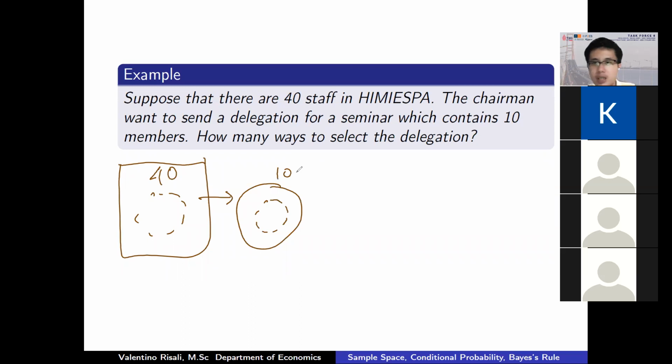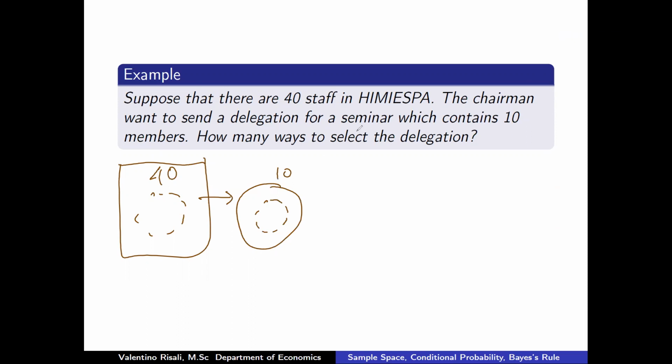Of course, from this problem, we can see that we don't care about the arrangement. We just pick 10 people from 40 students, so we deal with a combination.